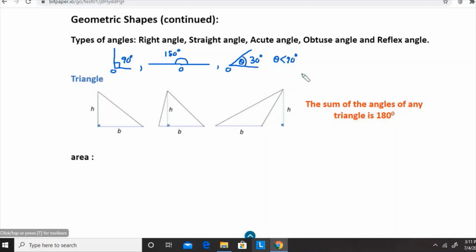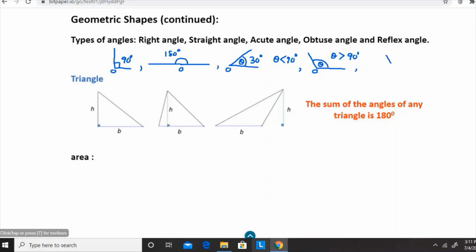And then the fourth one is called the obtuse angle, that is larger than 90 degrees. So something like this. This is O, and this angle over here, let me again denote that by the Greek letter theta, and whenever theta is larger than 90 degrees, we call that an obtuse angle. And the fifth angle that you need to know is called the reflex angle.